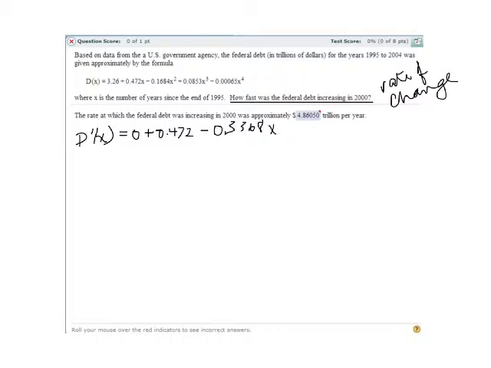Okay, 0.3368x plus 0.0853 times x cubed. Let's see what that comes out to be.